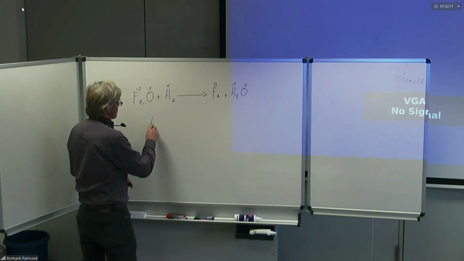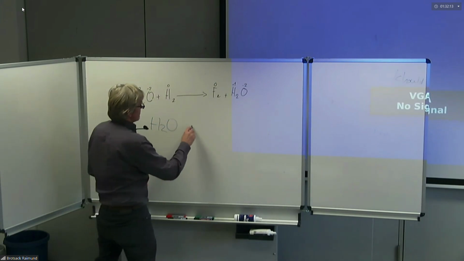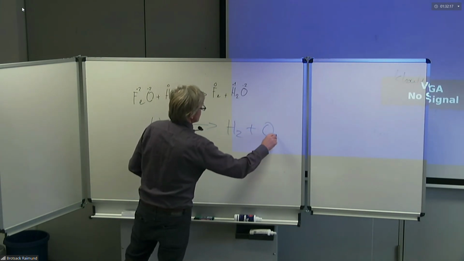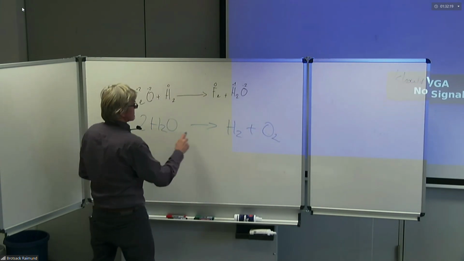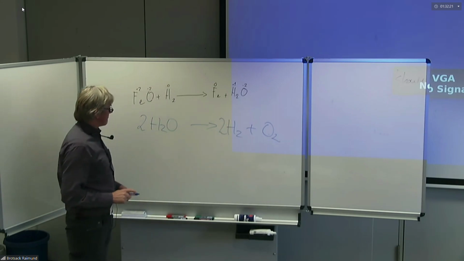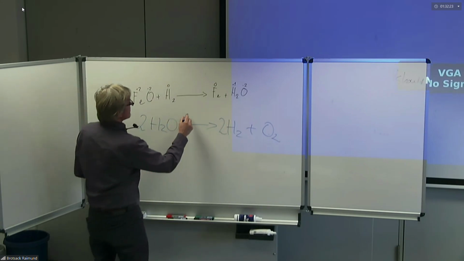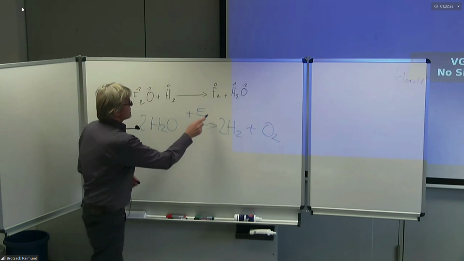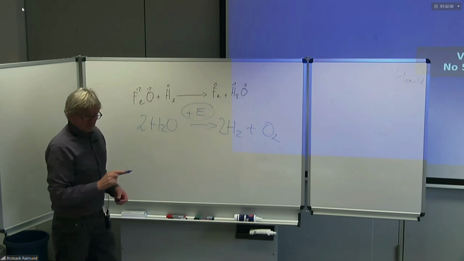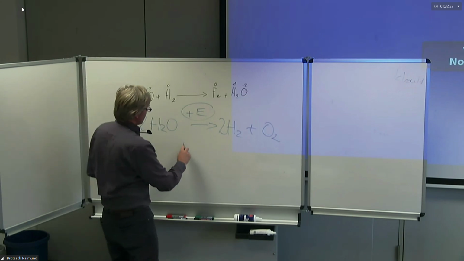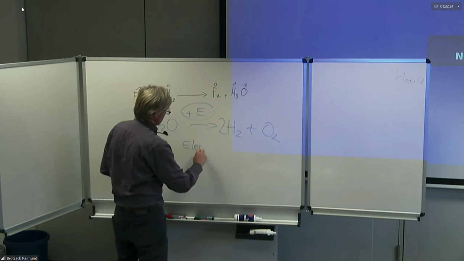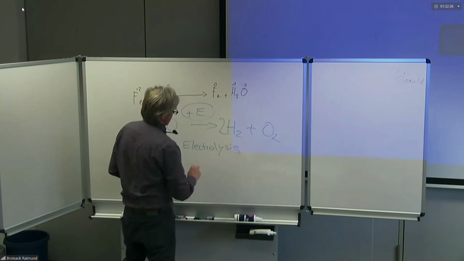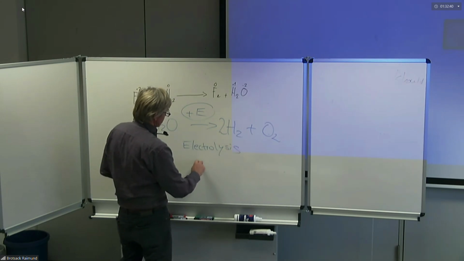So H2O gives H2 plus O2, and we need 2 of them to balance it. But that needs a lot of energy. The process is called electrolysis, and therefore we need electrical power.